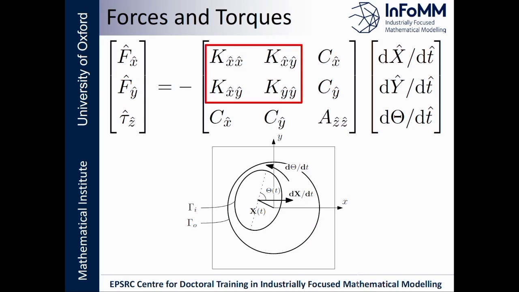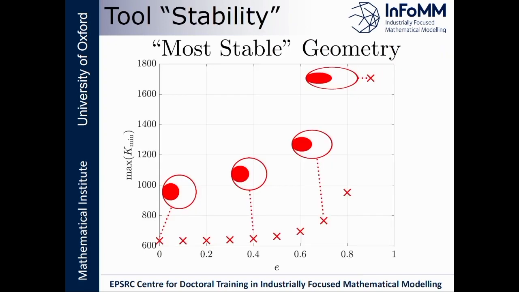And I'm just going to focus on these four coefficients in the top left, where Kxx corresponds to the opposing force by the fluid in the x direction when you try and move the tool in the x direction. Kxy is the force in the y direction when you move it in the x direction, and so on. If we compute the eigenvectors and the eigenvalues of this 2x2 matrix, those correspond to the two orthogonal directions where it's easiest to move the tool and hardest to move the tool, and the eigenvalues are their corresponding magnitudes of those resistances.